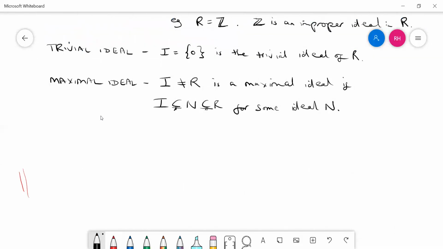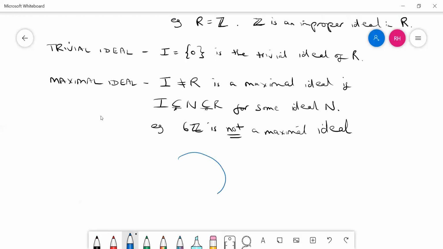So for example, 6Z is not a maximal ideal. Why is that? Well, we could draw Z's here, 6Z is here, but between them is either 2Z or 3Z.